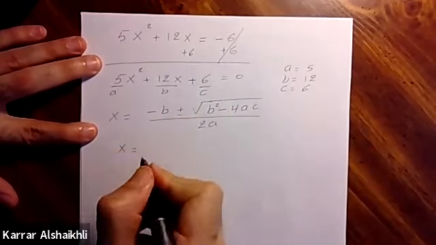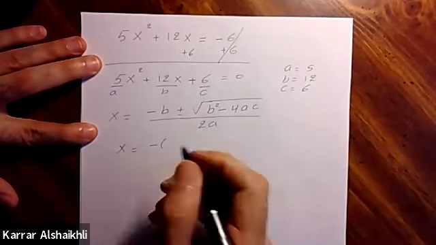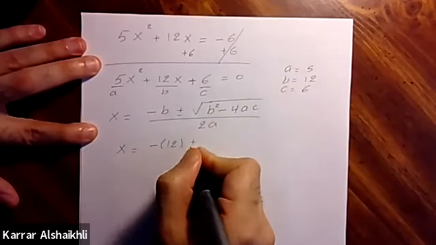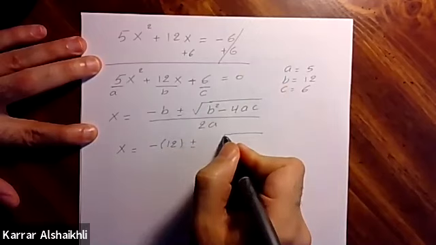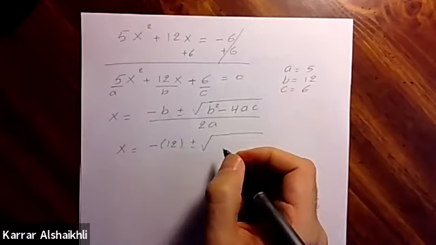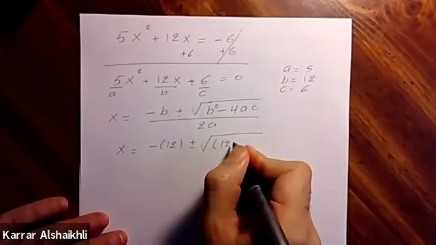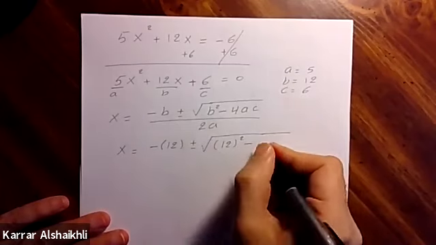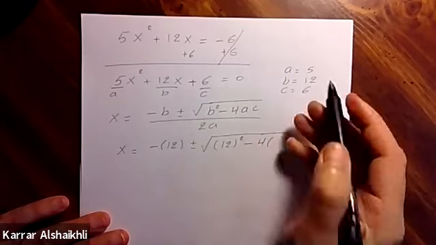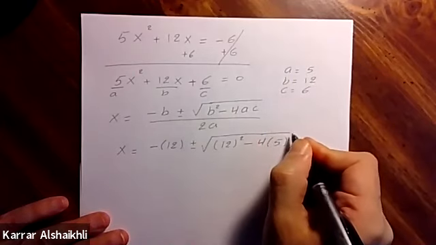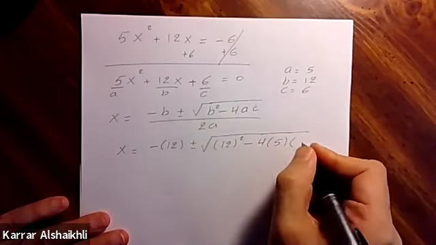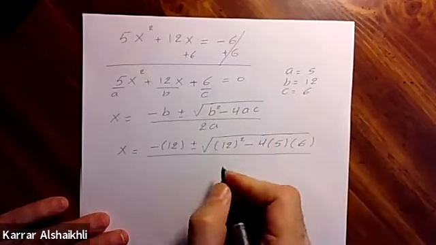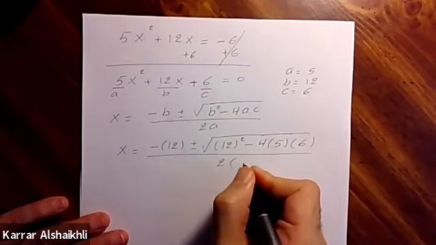So x is going to be equal to negative B, how much is B? 12, plus or minus the square root of B squared, that means 12 squared, minus 4 times A equals 5, times C equals 6, divided by 2 times A equals 5.